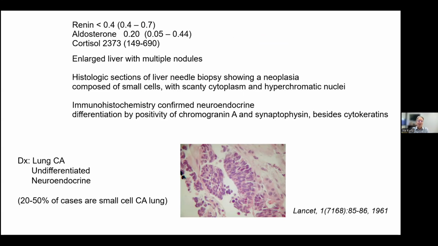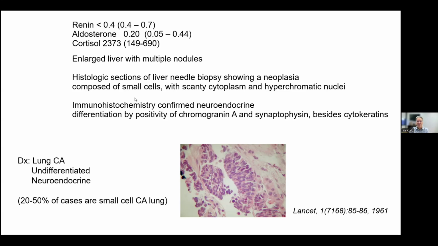Okay, so now what they did is they measured other analytes, and you can see here that the renin was low, the aldo was sort of in the middle of a range that you'd expect, but the cortisol level was very high. And the patient also had an enlarged liver with multiple nodules. They did a biopsy of the liver, and they found the histology of these neoplastic-looking small cells.